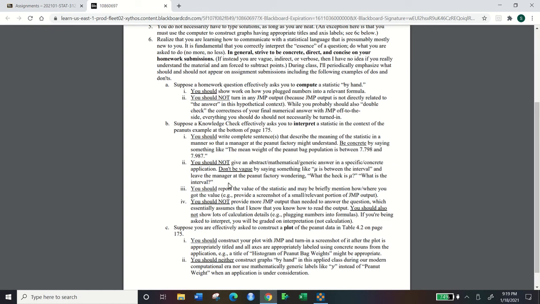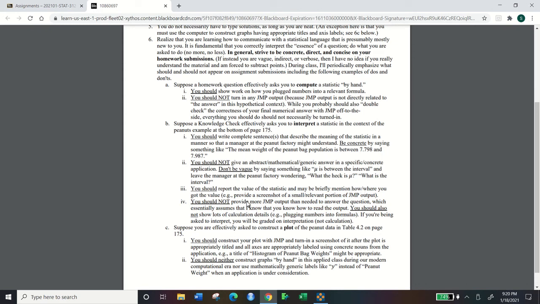You should report the value of a statistic, and you may briefly mention how or where you got the value, unless, of course, you have completed it by hand. Or if you did complete it in JMP, then you should show me a portion of that JMP output.